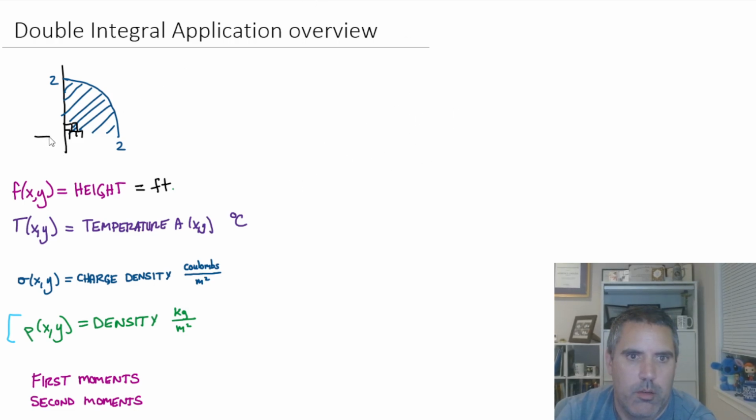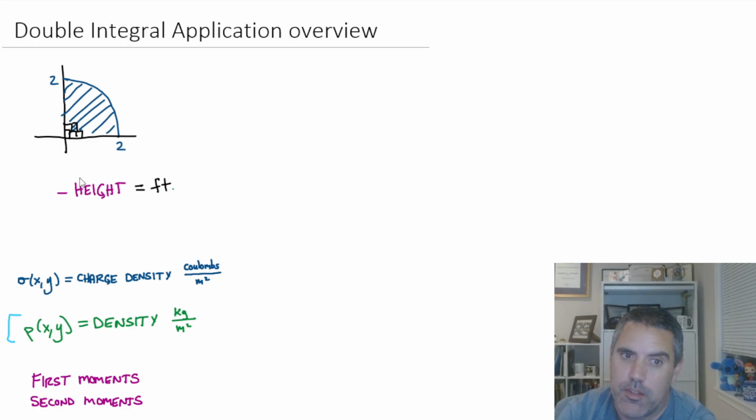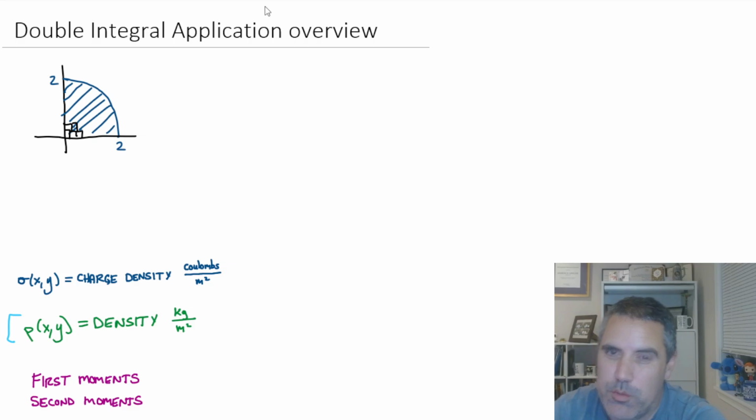Another one, I got rid of my axis. We talked about average temperature. You could have average other things. The next thing we move on to is density, something where we know the density at each point, meaning like if you cut out a little box, we know what the density is. There's charge density and then there's mass density.